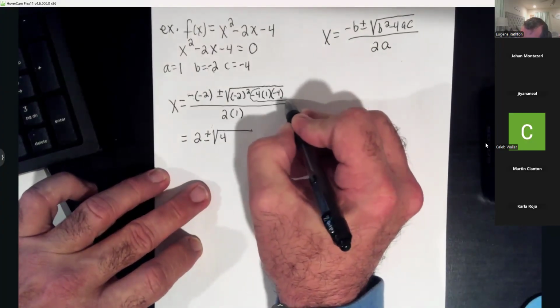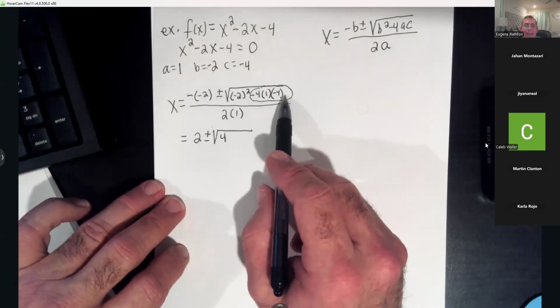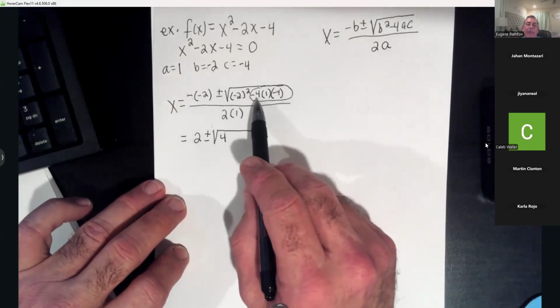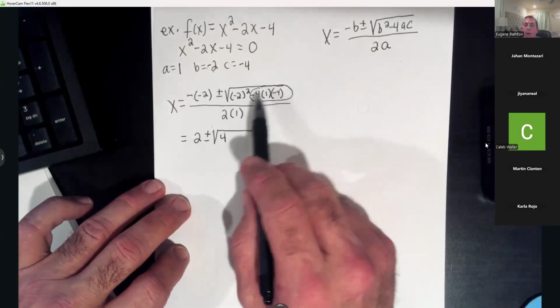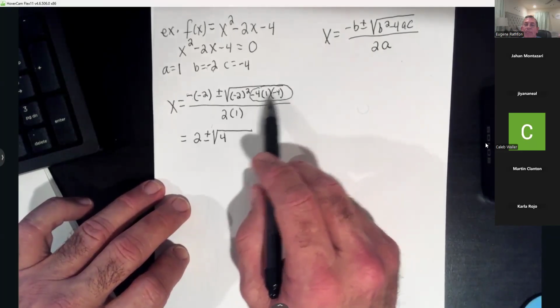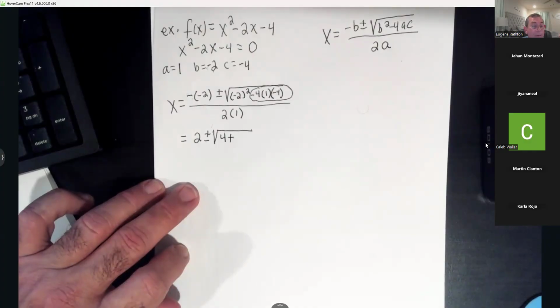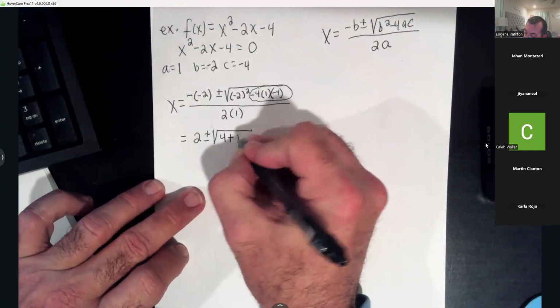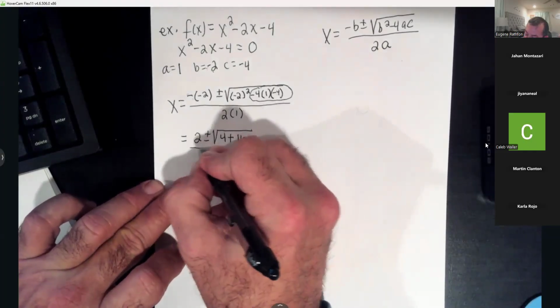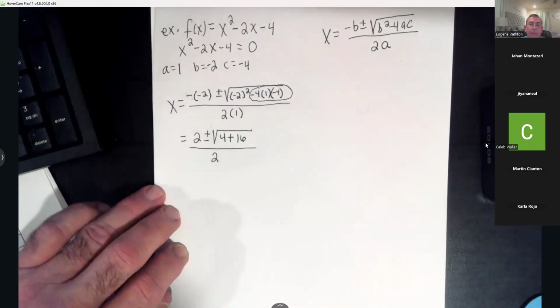All right, y'all. All this is being multiplied. You got a -4 times 1 times -4. When you got two negatives like this, that's going to make that a positive. And then 4 times 4 gives you 16. All of that, 2 times 1 is 2.